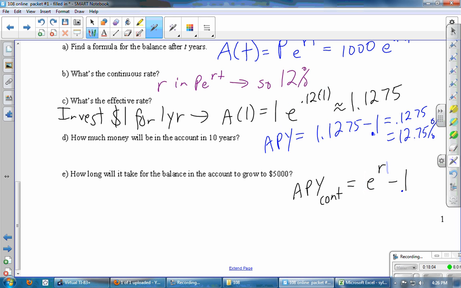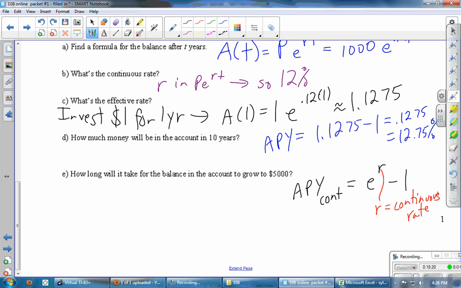Subtract 1 is exactly what we did at the end. So that's how you find the continuous APY, where R is the continuous rate. I'm not a fan of just having all these formulas and using them. I'd much prefer to think about things, and it's easy for me to remember: just invest $1 for a year, and then look at the answer.